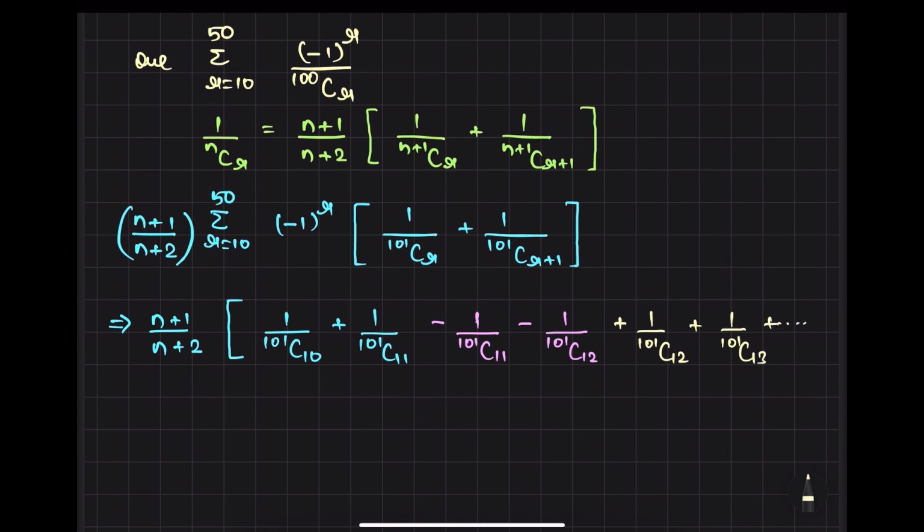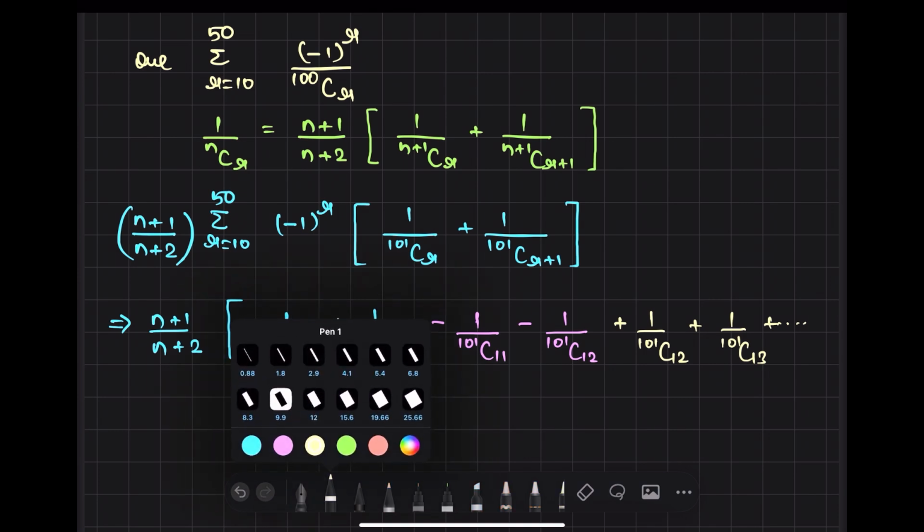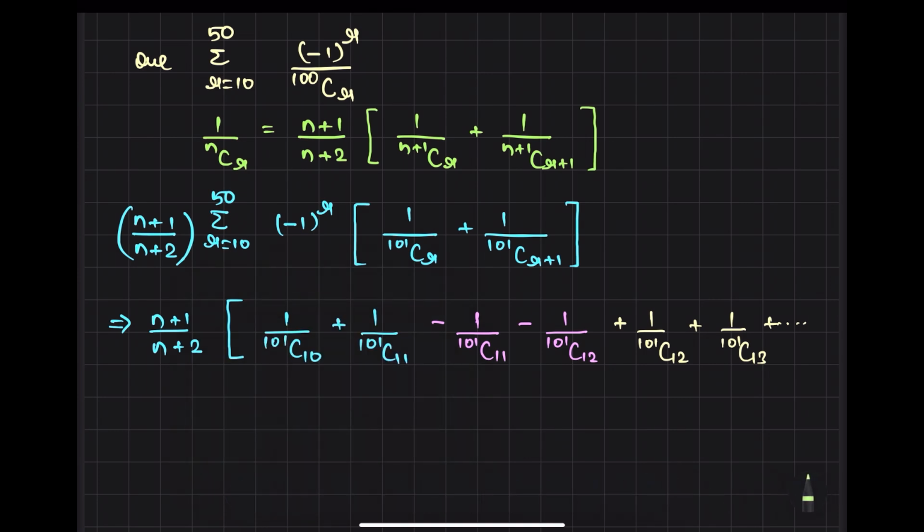This thing will keep on going, and at the end we will have what? We will have 50. So it will become positive only. So positive of 1 by 101 C50 plus 1 by 101 C51. So this is our expansion. Now look at this. This is your first term. First look at this part. Can I say that the second element of the first term is eliminating the first element of the second term?